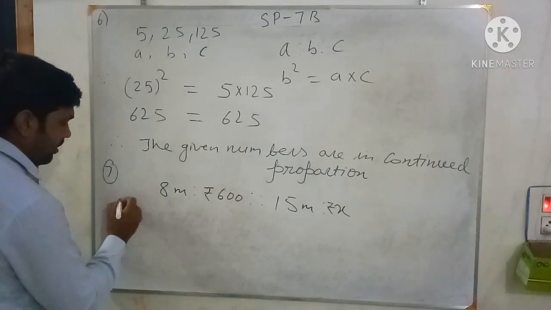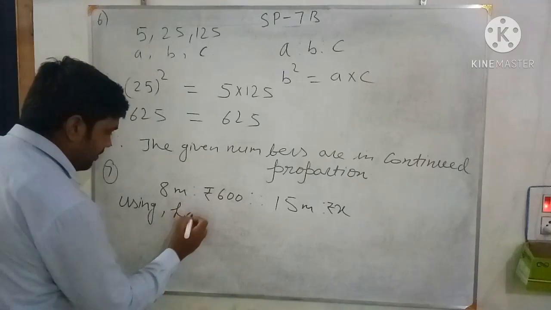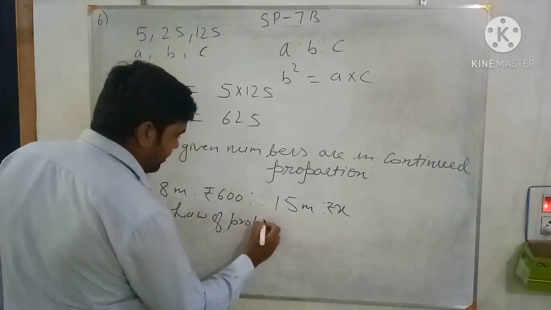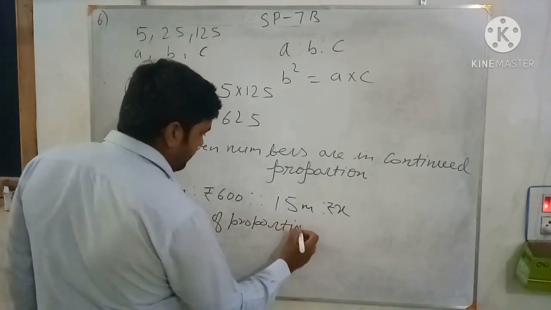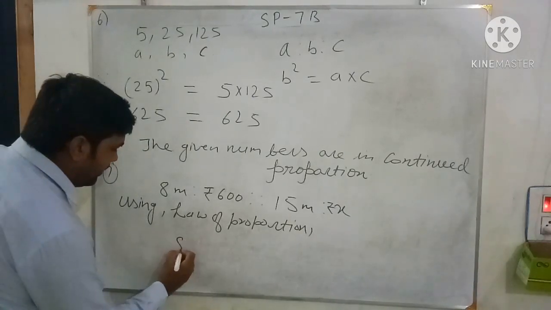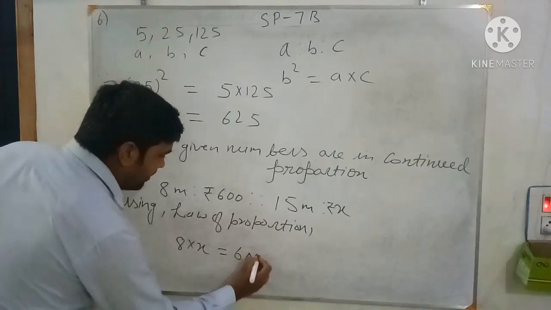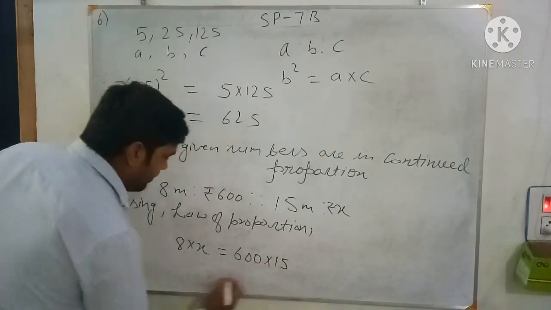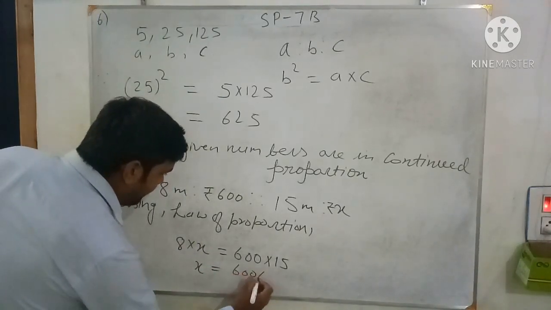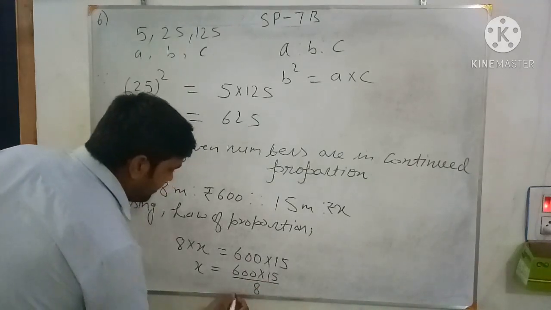So 8 into x equals 600 into 15. Now x is equal to 600 into 15 divided by 8.